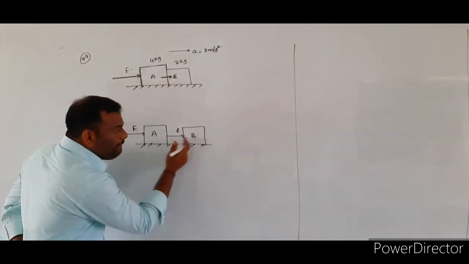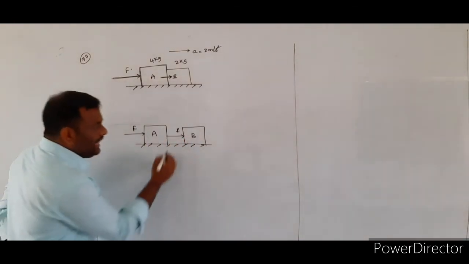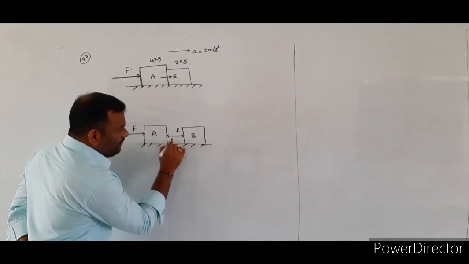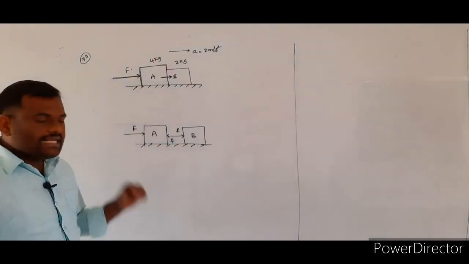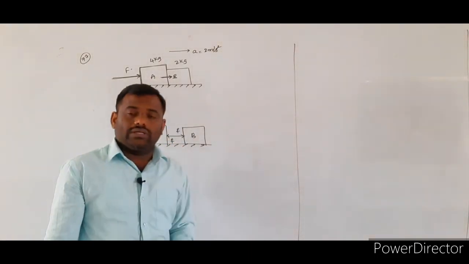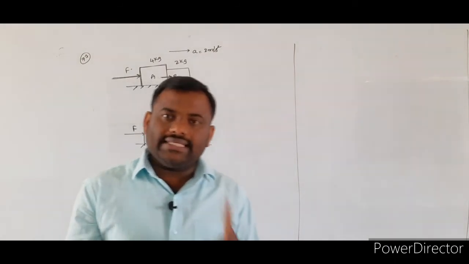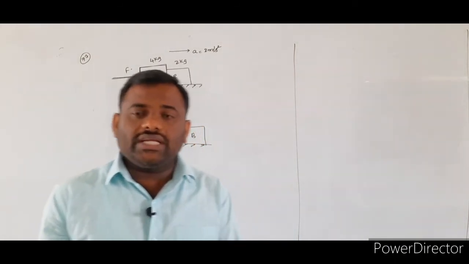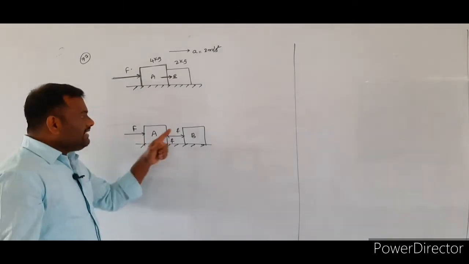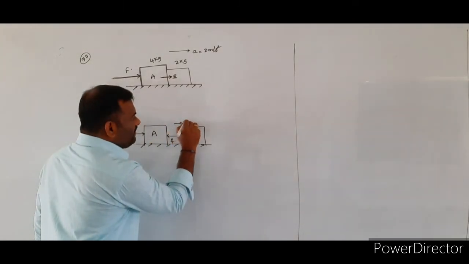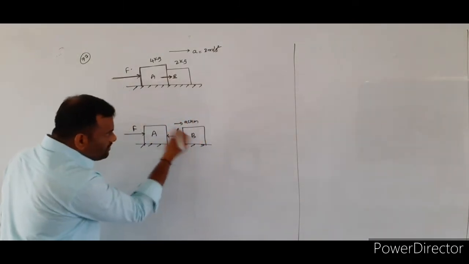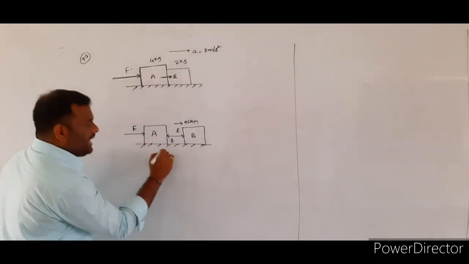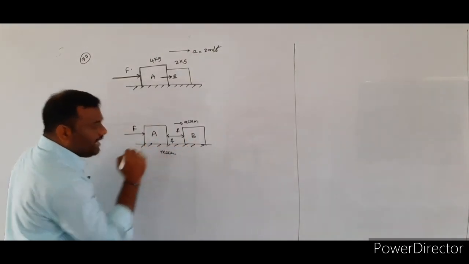Simultaneously, the block B is also pushing the block A in the opposite direction with the same force. Already I told, the contact forces exist in the form of an action-reaction pair. So that F is the action here, and the force exerted by B on A will be the reaction.